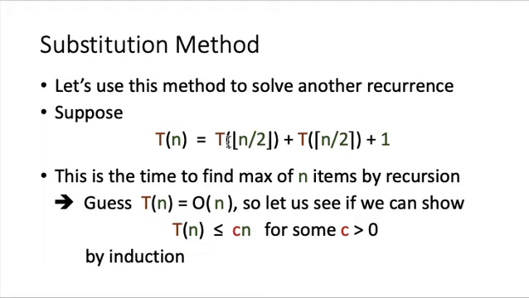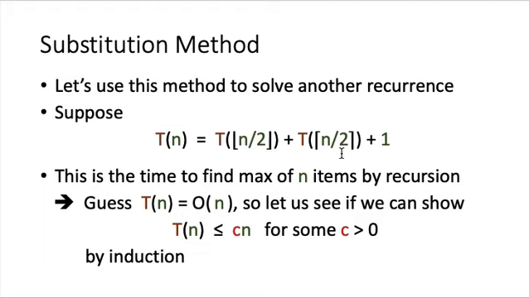And actually this recurrence corresponds to the time to find the maximum of n items using recursion. So what does that mean? We have an unsorted array of n numbers, and we want to find the maximum of them. So we may cut the array into two halves, first finding the maximum of the first half, and then finding the maximum of the second half using the same recurrence.